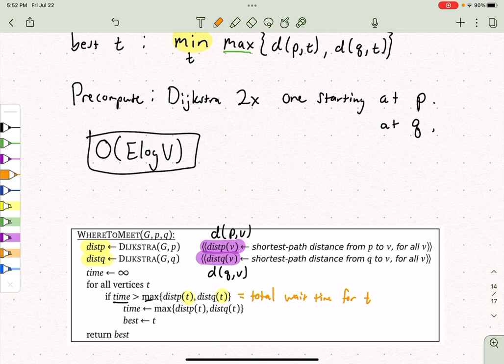So clearly the running time is dominated by these two calls, and so it's O of E log V.